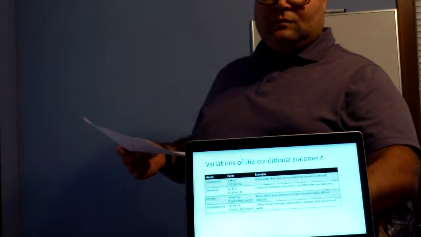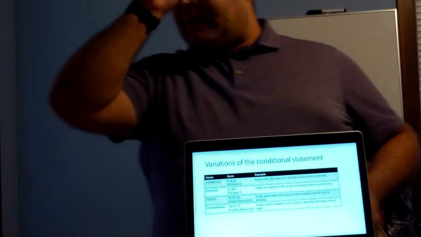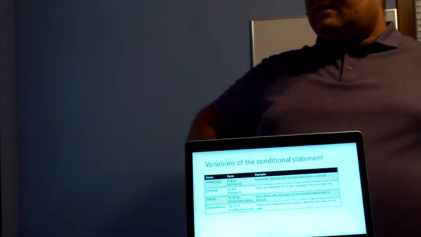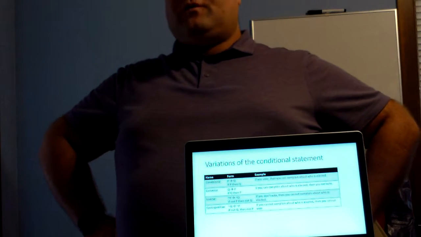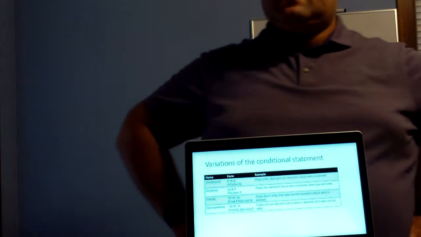With conditional statements, we have 4 major variations. The original case, if P then Q: if you vote, then you can complain about who is elected.